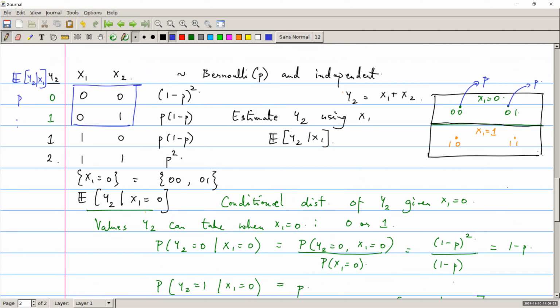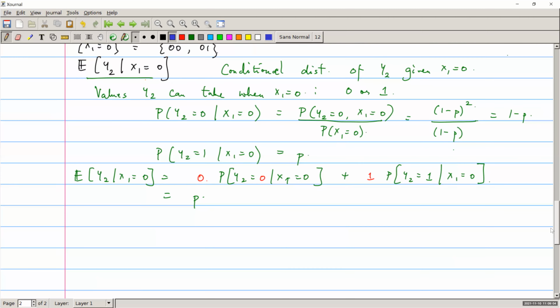To both these points, I assign the number p. Does that make sense? Similarly, you can do the computation for the expected value of y2 given x1 equals 1, and you'll find that this is going to be 1 plus p.